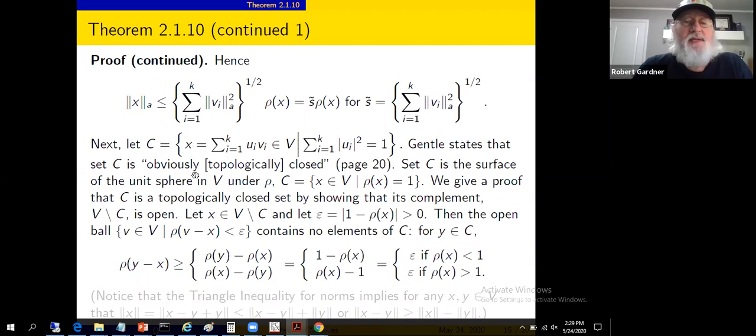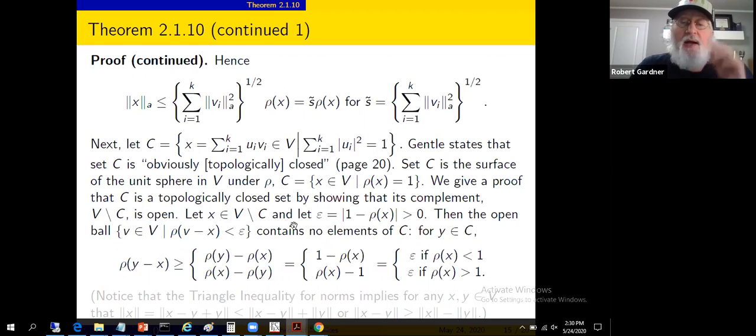Gentle states that C is obviously closed, that is topologically closed. Let's do a little bit of epsilon and delta stuff and show that. So I'm going to give a proof that C is topologically closed by showing that its complement is open. Okay, so take something in the complement, call it x, stepping aside from the notation with an x that we started with, and just let x be some vector that's not in this set C. It's in the complement of that set.